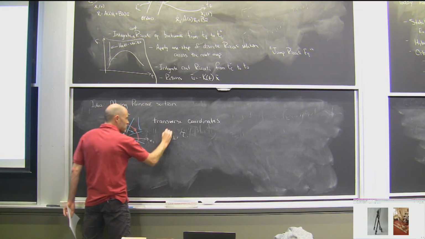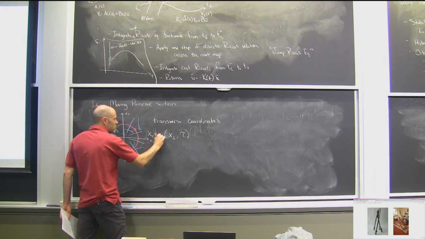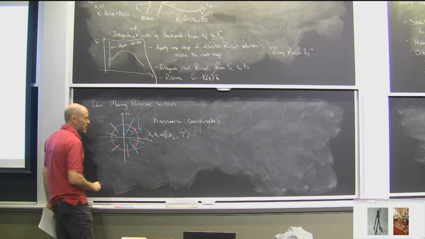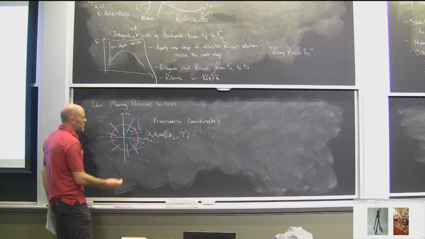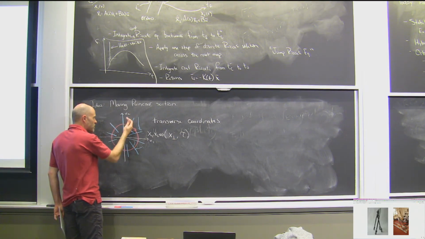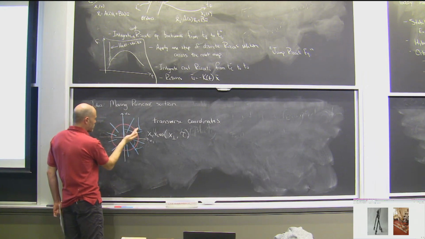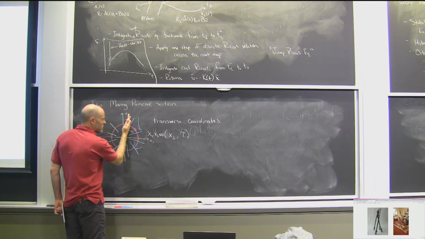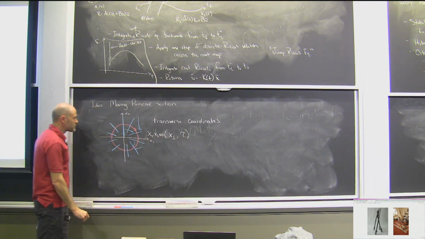I'll have a map that goes from x1, x2 into the transverse coordinates, and similarly I'll have a map defined in both directions. So given any x1 and x2, I'm going to pick my tau by, for this example, just putting it in polar coordinates. Call one of them the angle tau, and the radius, the length, x perp.